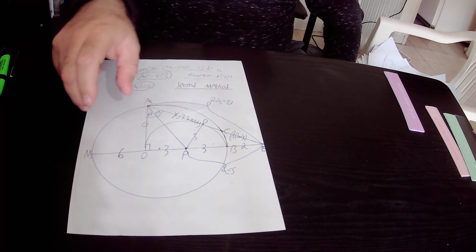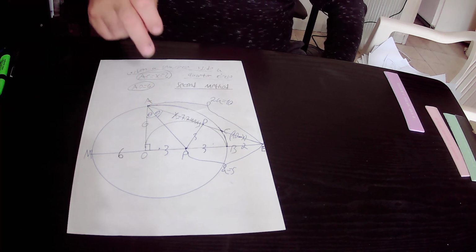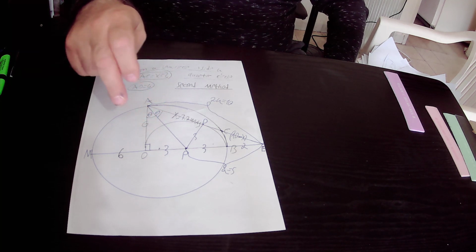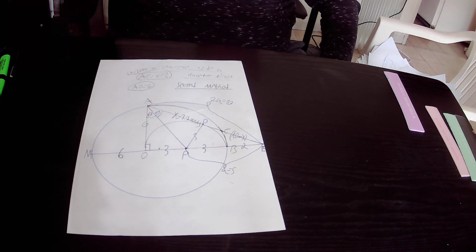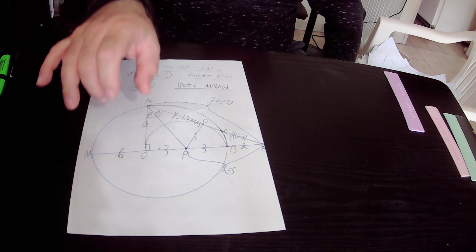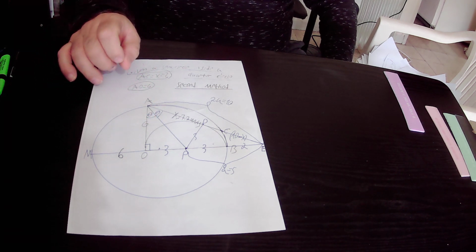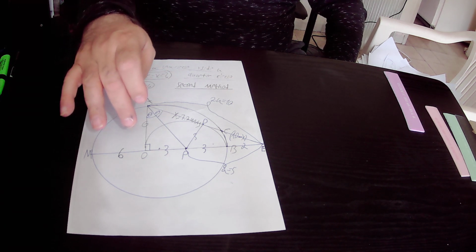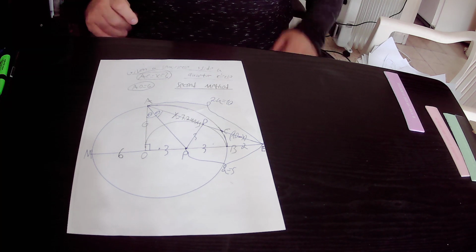Then what is the length of OM? O is the center of the quarter circle and also the center of the circle itself, and M is a point of the circle itself, and this is exactly the definition of a radius. That is to say, OM is the radius of the circle, that is also the radius of the quarter circle, that is equal to 6 units. Okay?